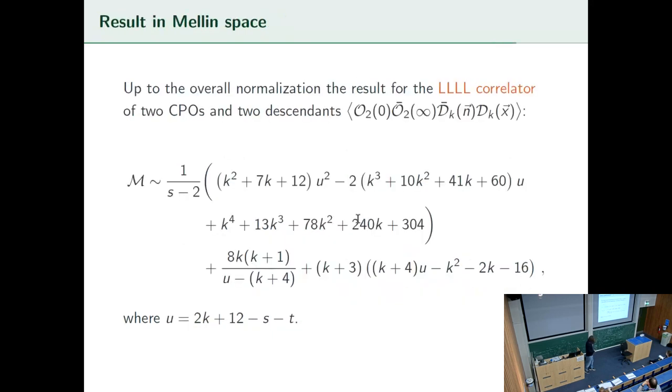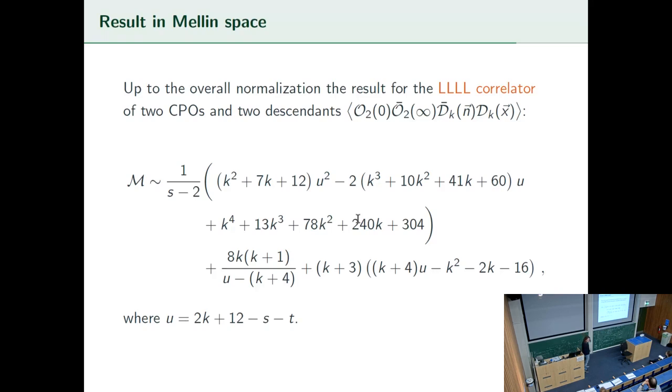Okay, so this is the result for the correlator of two chiral primaries, O2, O2, and two descendants, dk and its conjugate. So this Mellin amplitude has the correct pole structure, so it has only simple poles at s equals 2 and u equals k plus 4.